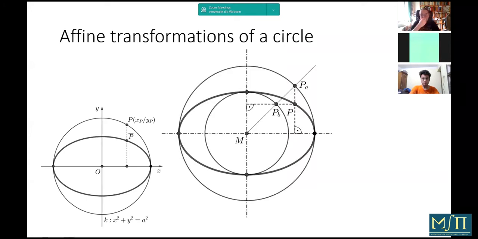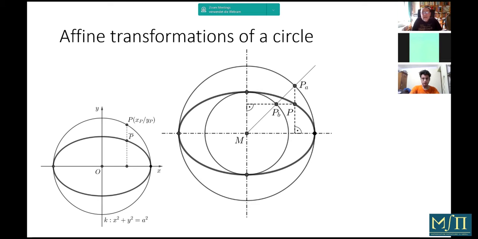Now, if we have a look at this, that means that we can actually derive an alternative pointwise construction of the ellipse from this idea. This is sometimes known as the concentric circles construction of the ellipse, and I'm sure that many of you are familiar with this.